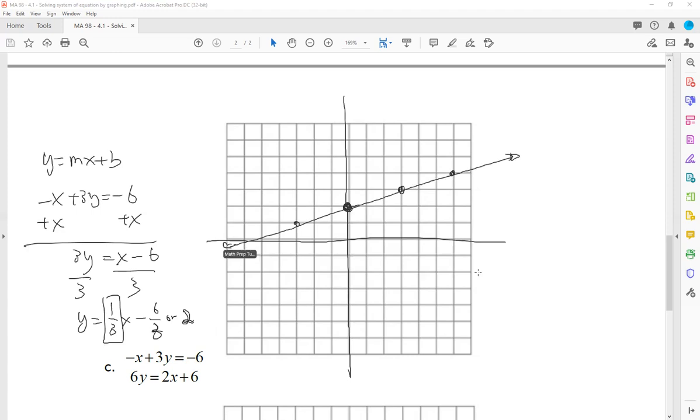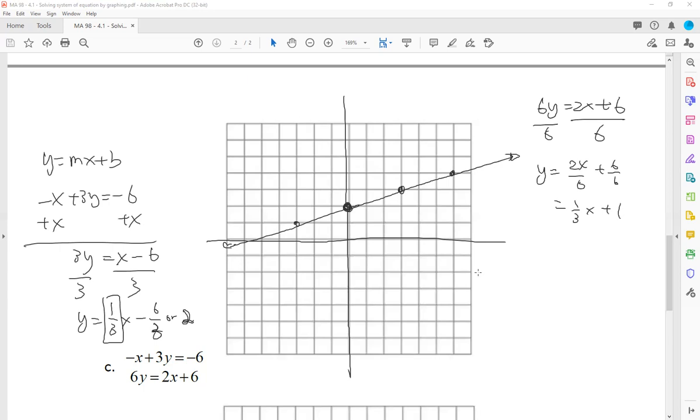All right, now let's deal with the second equation. 6y equal to 2x plus 6. This means I got to divide everything by 6. So I got y equal 2x over 6 plus 6 over 6, which is 1/3 x plus 1.